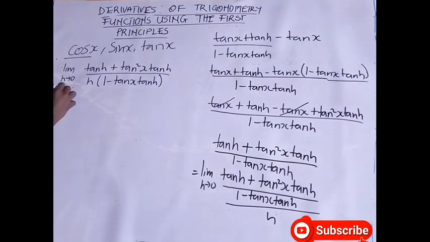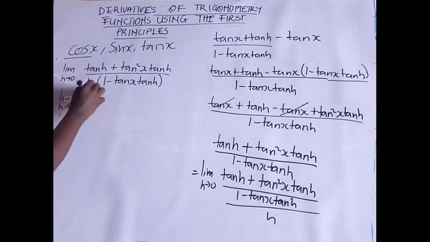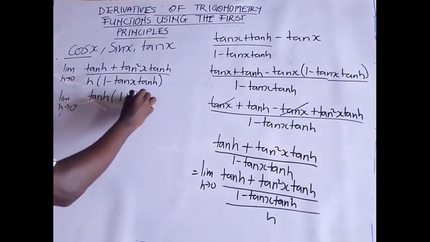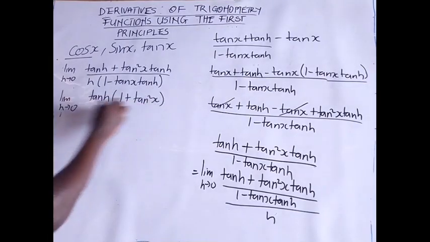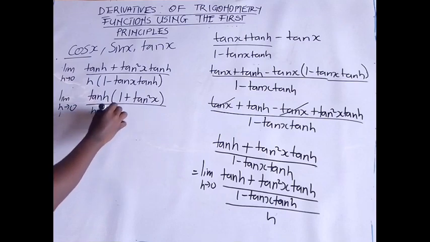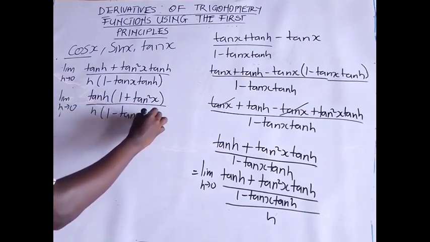So we have the limit as h approaches 0. We can factorize tan h out. So we have tan h into 1 plus tan square x, all over h into 1 minus tan x tan h.